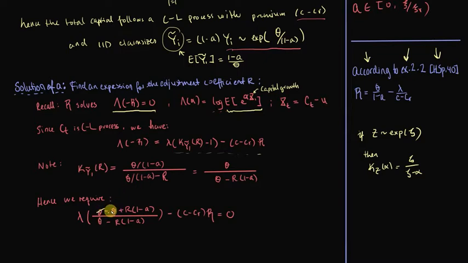Now we see that there are some things that cancel. First of all, this theta cancels with this theta, and then there is an R that's multiplied on this entire thing, and there's also an R that's multiplied on this entire thing.